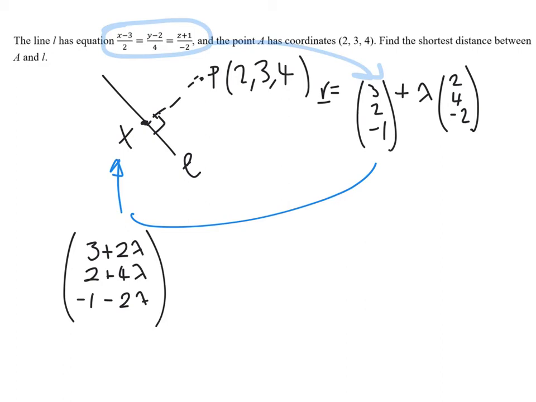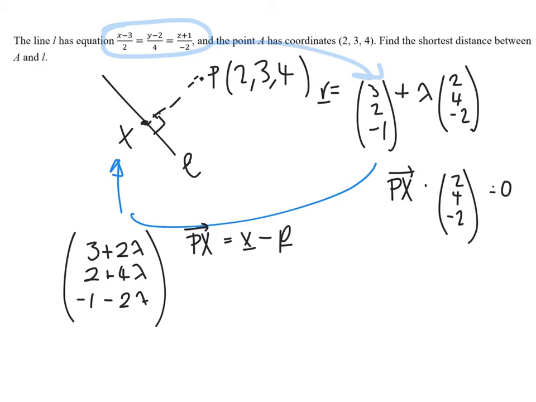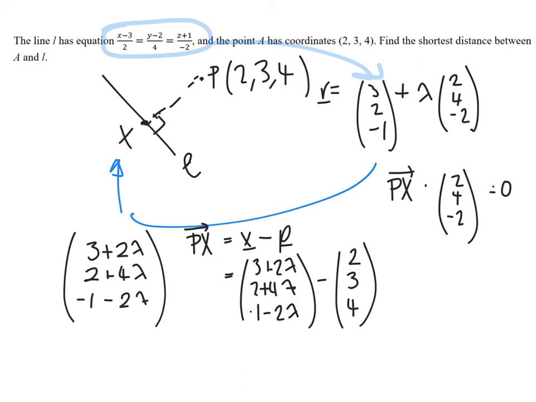Now we said before that p to x dotted with the direction vector of the line, so 2, 4, minus 2, will equal 0. So we need to go and find px. Well, p to x is the position vector of x minus the position vector of p, which would be this 3 plus 2 lambda, 2 plus 4 lambda, minus 1 minus 2 lambda, minus the position vector of p, which we don't have, but we can quite quickly convert our point into a position vector.